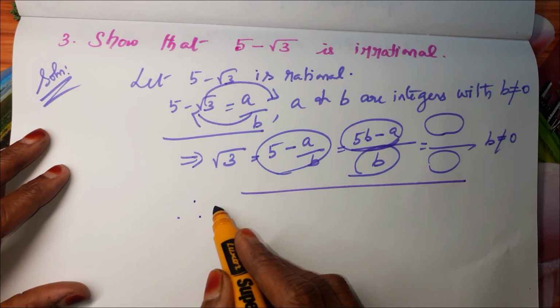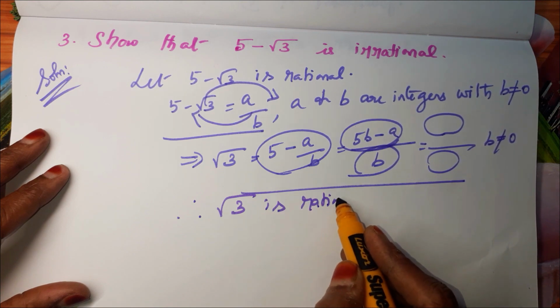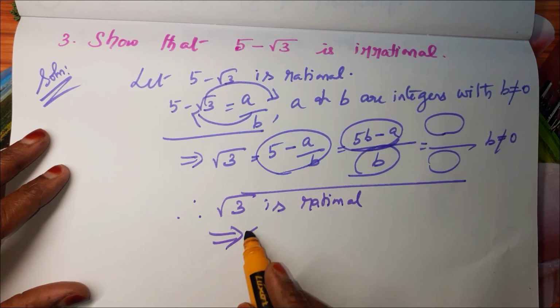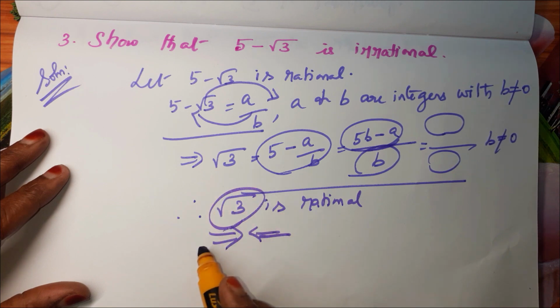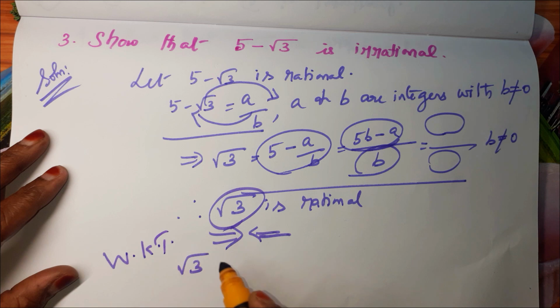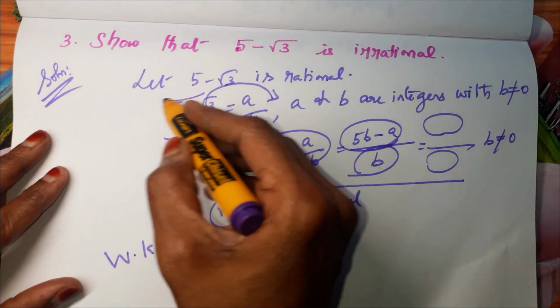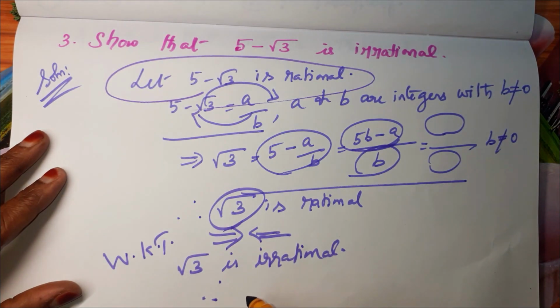So from the result we are getting that root 3 is rational, which is a contradiction because we know that root 3 is irrational. Therefore what we started with, 5 minus root 3 is rational, is not possible. Therefore 5 minus root 3 is irrational.